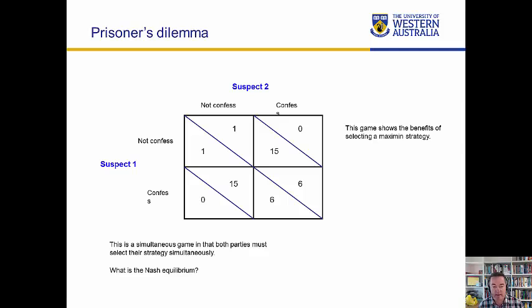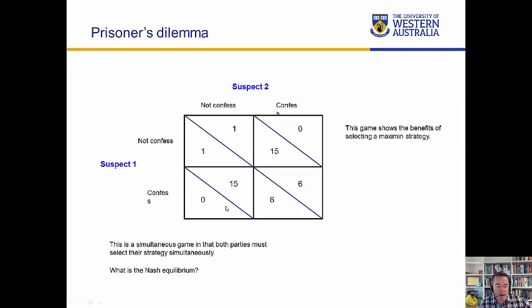So in this case, confessing is a dominant strategy, because if you confess, you will get 0 years in prison rather than 1 if suspect 2 does not confess, and by confessing, if you're suspect 1, you will get 6 years rather than 15 years if suspect 2 confesses. So your jail time by confessing is always less than if you don't confess. The same sort of logic with suspect 2.